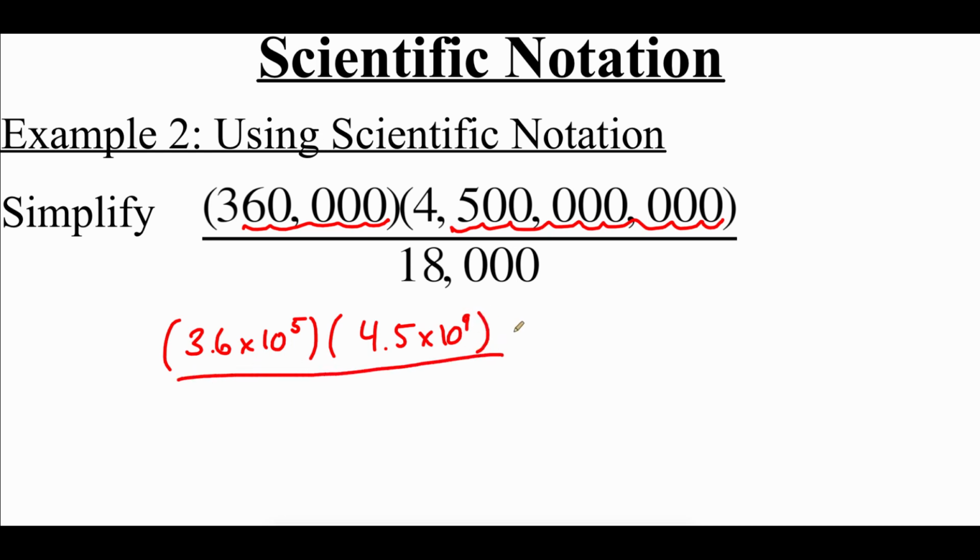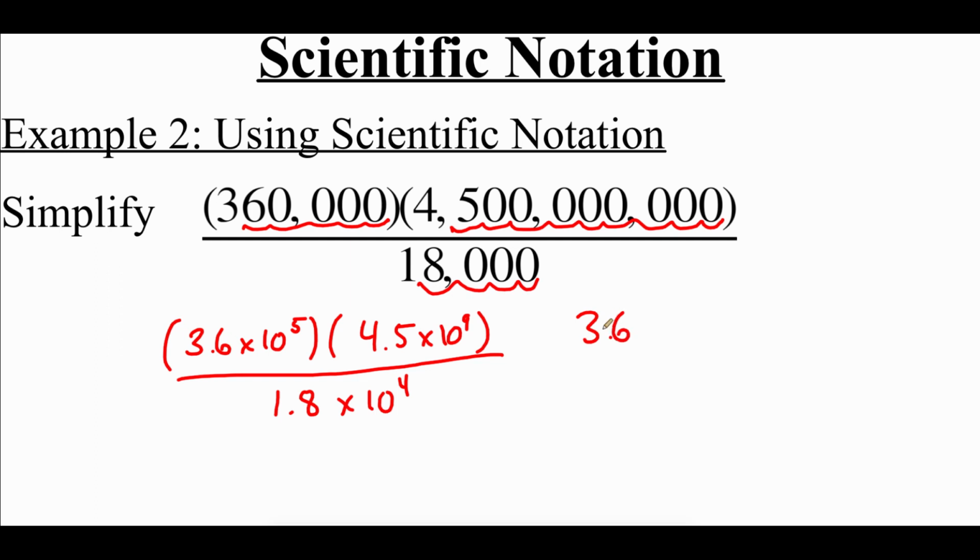And then on bottom, we've got 18,000, 1, 2, 3, 4 spaces to move the decimal there. So we get 1.8 times 10 to the 4th. Now what I'm going to do here is rearrange things a little bit so that we're dealing with like terms. I'm going to take all of the numbers out in front and regroup them as one fraction.